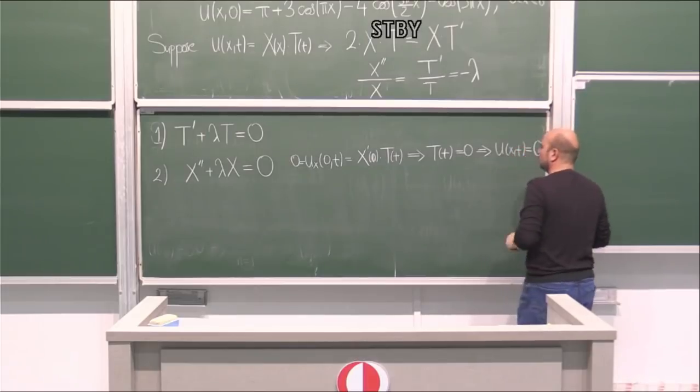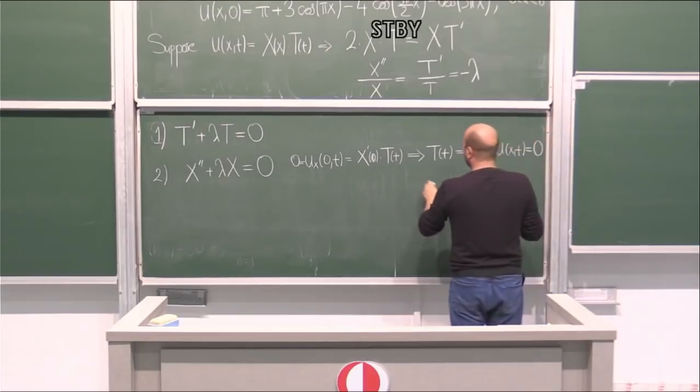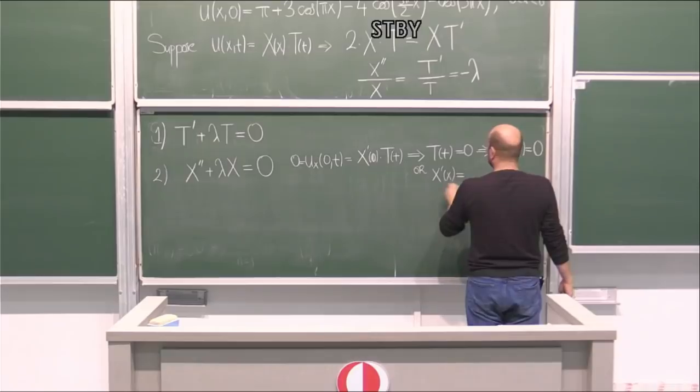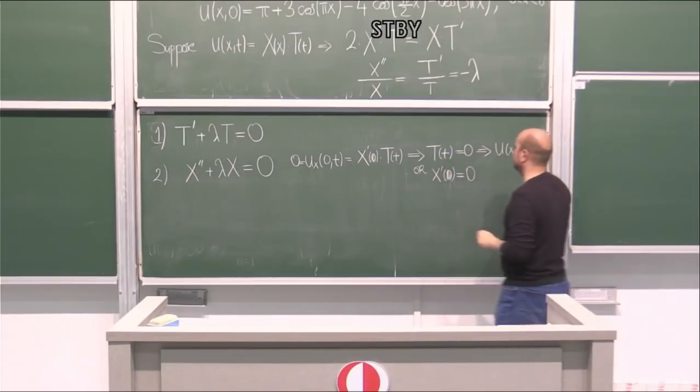Or X prime of 0 is 0. This is what we get.